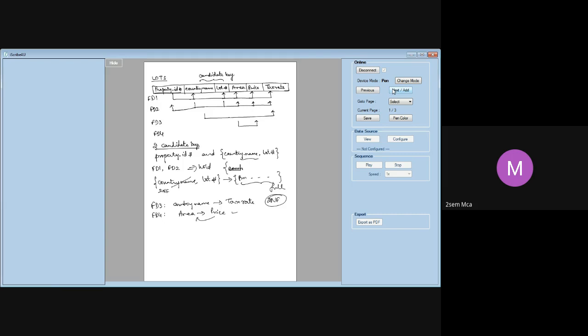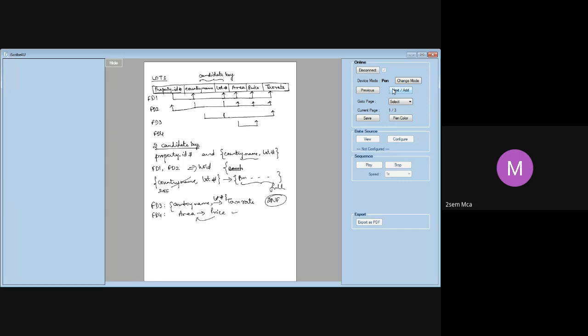But if you look at FD3, what happens? Tax rate is partially dependent on the candidate key, country name, comma, lot number. This is the third functional dependency.